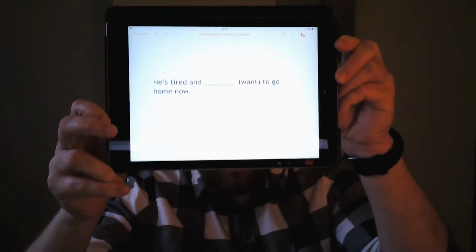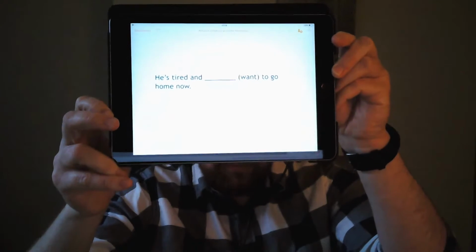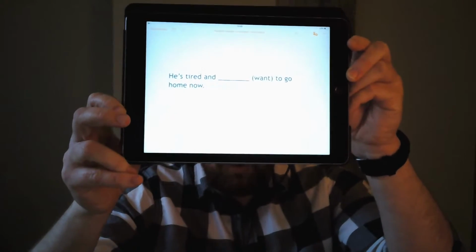Okay, he's tired and verb want to go home now. Okay, so not a negative sentence this time, just a positive one. He's tired, the person is he. We've got the verb want. I want you to think about something I told you earlier about certain verbs which we can't use in one of these tenses. Okay, so bear that in mind and that will help you.